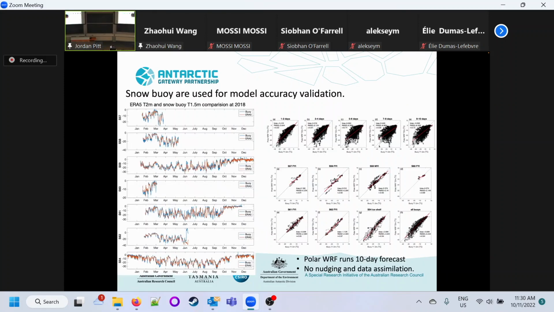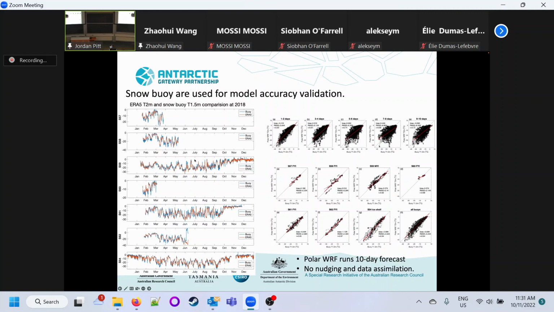We first validated the ERA5 reanalysis using the snow buoys because ERA5 is used for initial and boundary conditions for our model. So ensuring the boundary condition is accurate is important. In the left panel, using ERA5 versus the snow buoy, we found the correlation is pretty high.